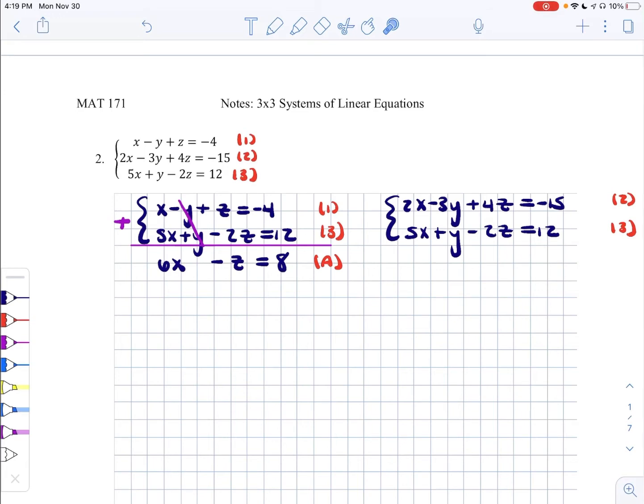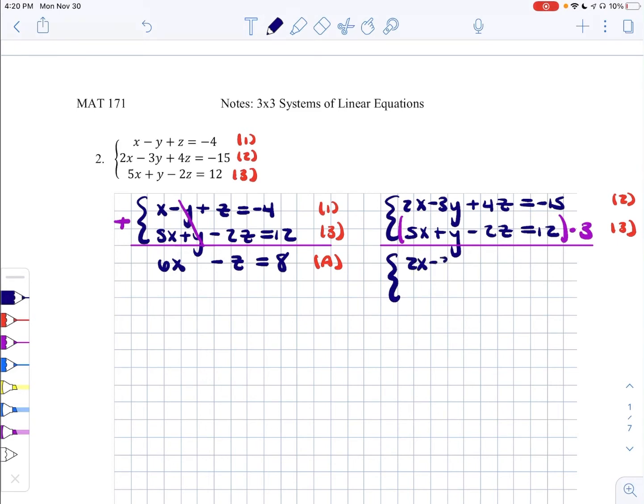So the easiest way to eliminate y on this one would just be to multiply that bottom equation through by 3, because that would give us a positive 3y and a negative 3y, which are opposites of each other. All right, go ahead and rewrite your system.